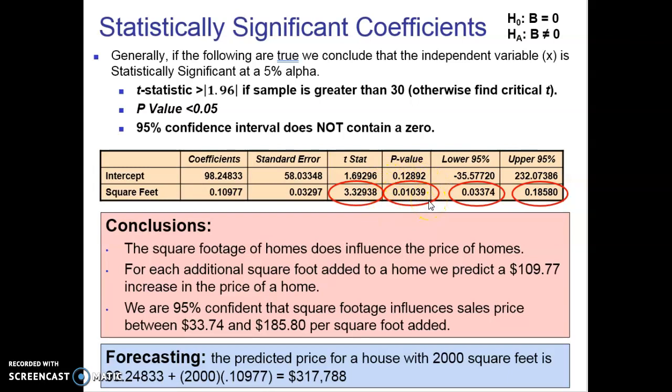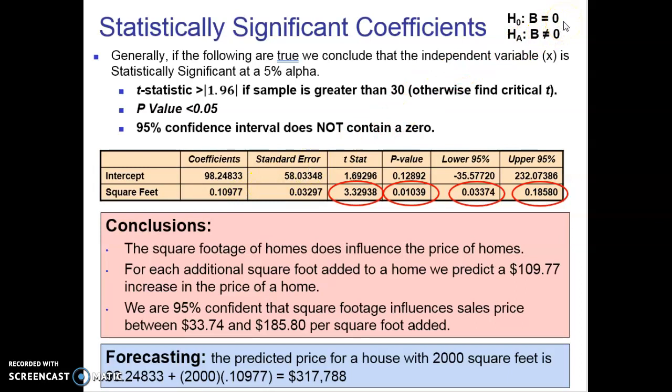And what this means is it tells us the probability of getting a sample of this value if the true population coefficient were 0. So clearly, if you have a really low number here, like here we have 1%, there is a low probability of getting a sample with this coefficient, which we did, if the true population coefficient were 0.